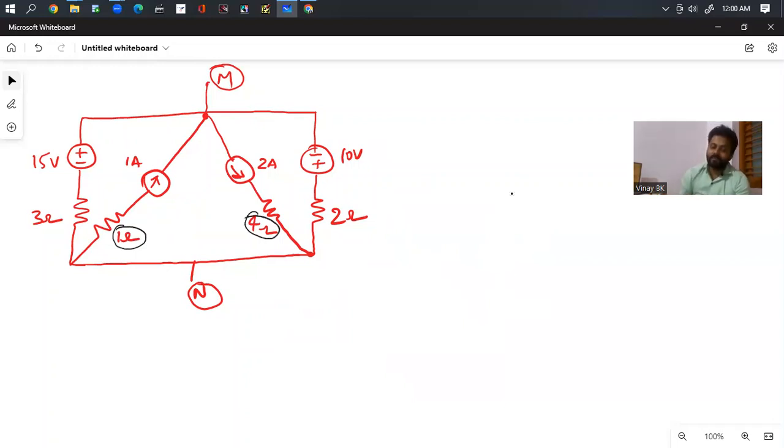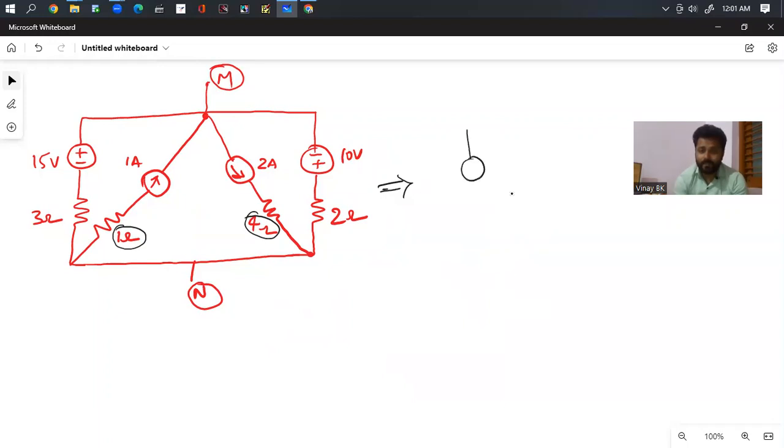In this kind of case, if resistors are connected in series with a current source, you can call that resistance a redundant resistance, and we need to neglect that resistance. So by neglecting these two redundant resistances, the circuit may look like this. I'll rewrite again.